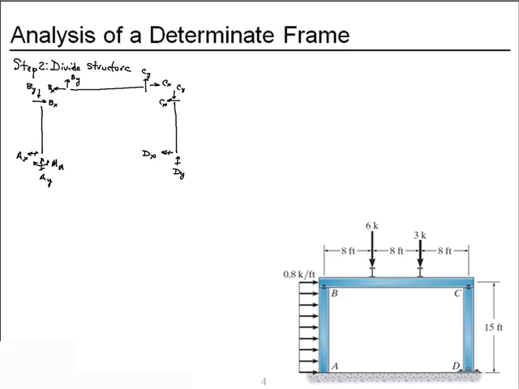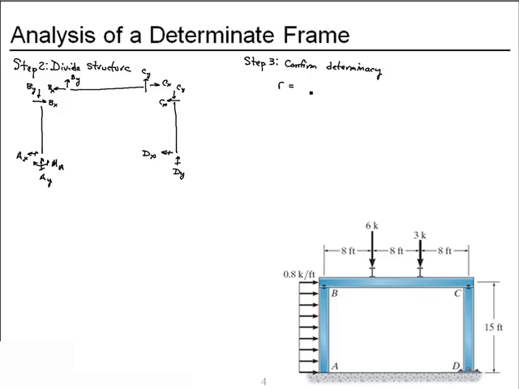Now step 3. Confirm determinacy. We want to make sure that this is a statically determinate structure.